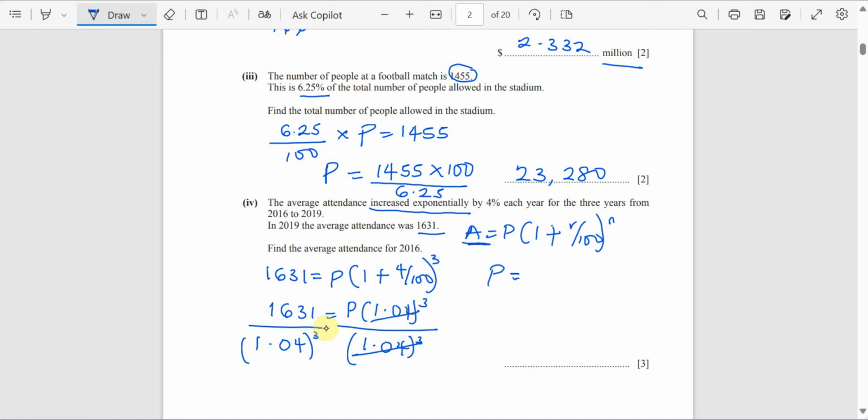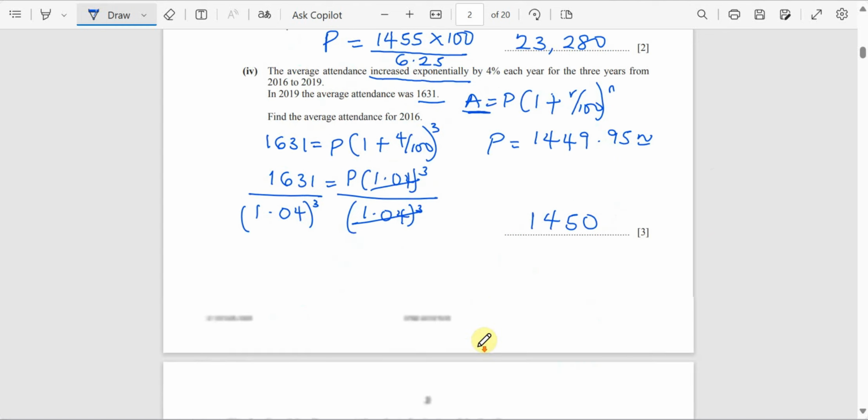So P equals, when you use your calculator to divide that, 1,449.95, which is approximately 1,450. So that means the average attendance for 2016 was approximately 1,450.